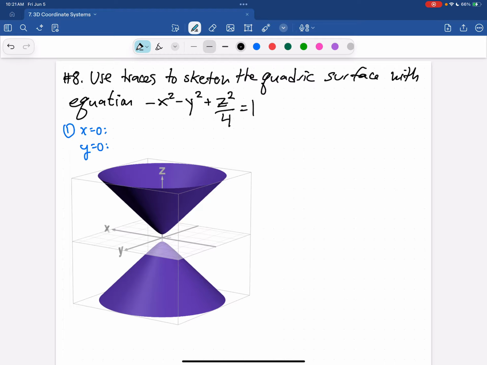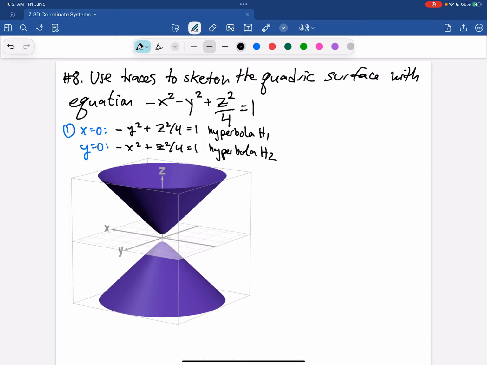X is 0 gives us negative y squared plus z squared over 4 is equal to 1. That is a hyperbola. And then when y is 0, we get kind of the same hyperbola, really, except that it's x instead of y. We'll call that one h2.